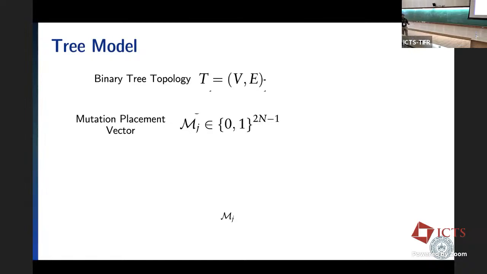Anywhere on the tree. So we are considering all possible positions of the tree, because out of all the possible positions, one of them will have the optimal likelihood.